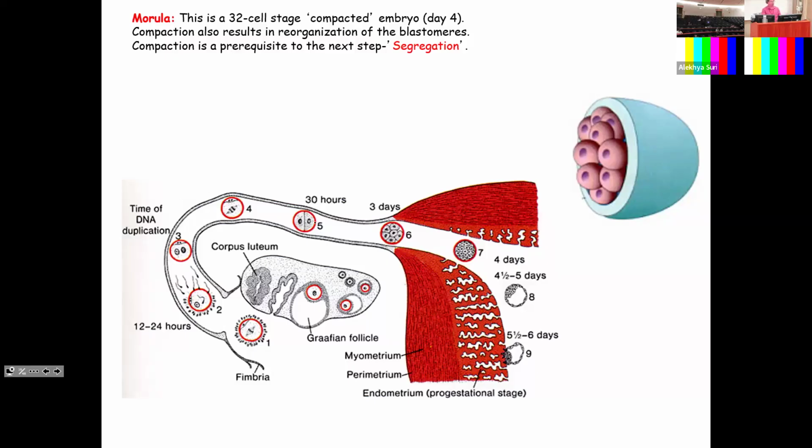And this is the process of mitosis. 2 cells, 4 cells, 8 cells, etc. Then the embryo loses the zona and gets implanted. And since progesterone was there, the lining of the endometrium is well prepared for implantation.